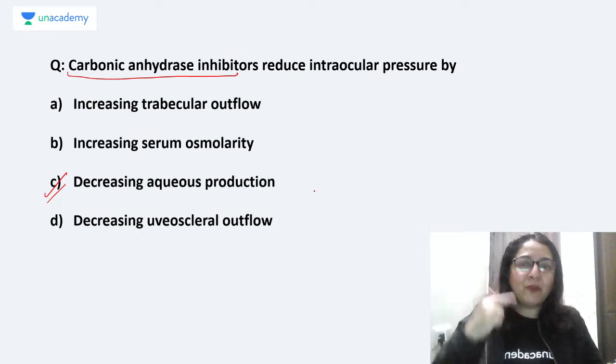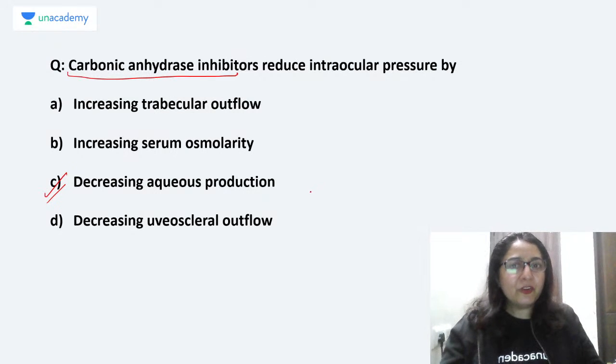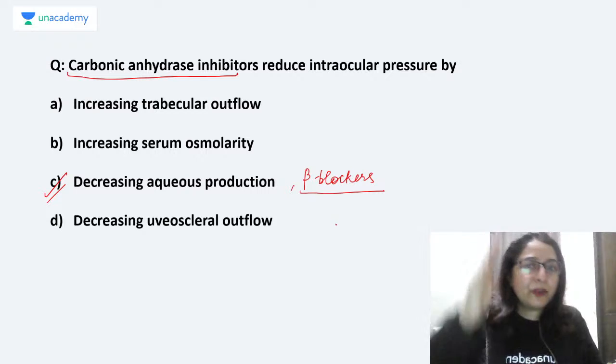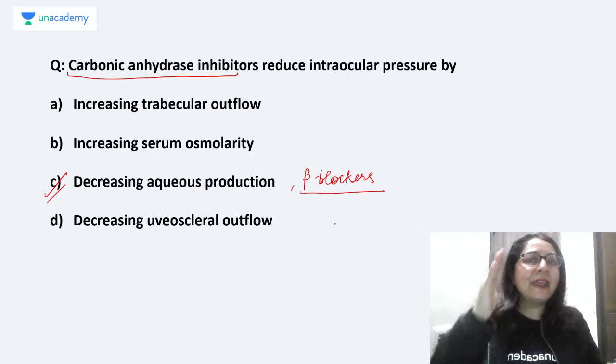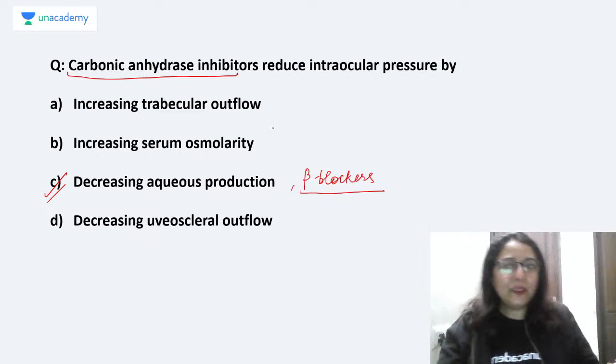And if you remember, the other major group which act as aqueous suppressants are your beta blockers. So the drugs which reduce intraocular pressure by decreasing the aqueous production are known as aqueous suppressants. The trabecular meshwork, by pilocarpine.